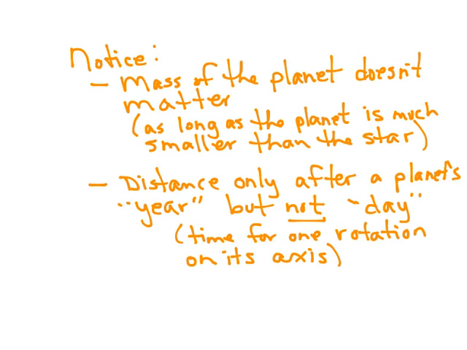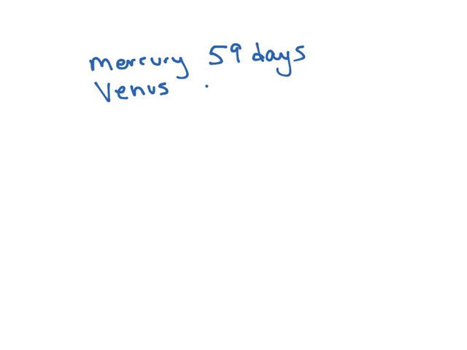If you look at the rotation rates of the planets, they're all over the place. Mercury, it's about 59 days. Venus, 243 days. Earth, 1 day.